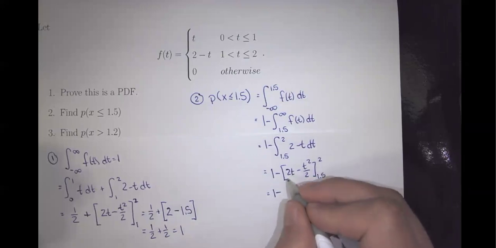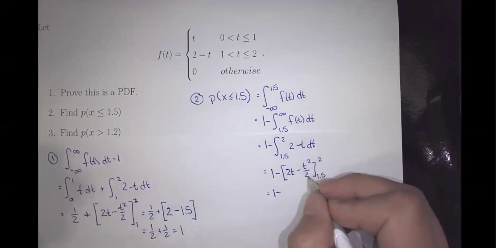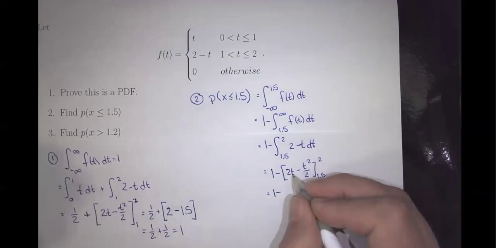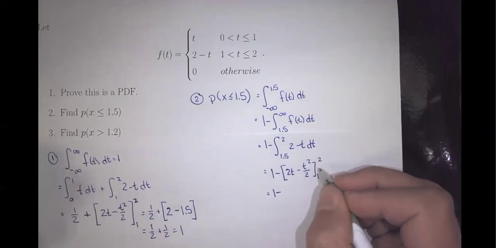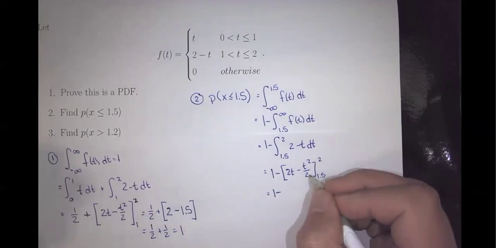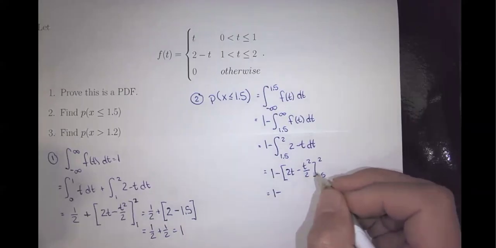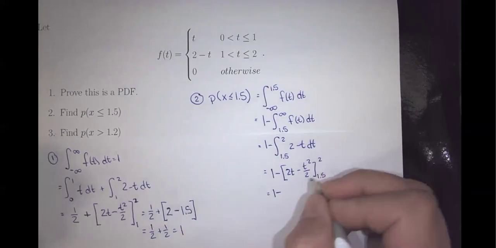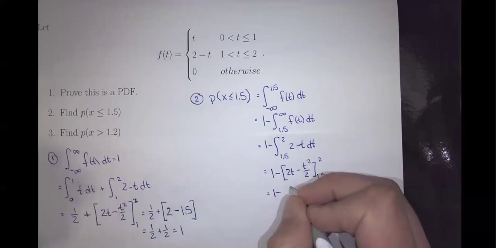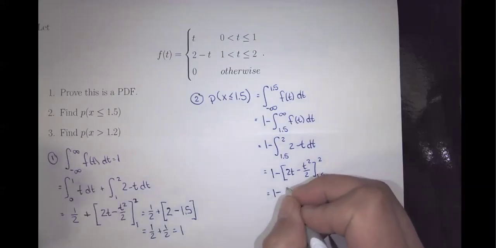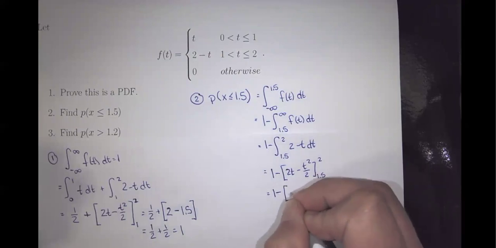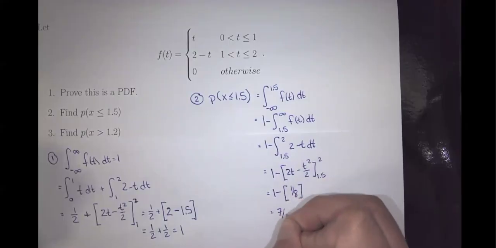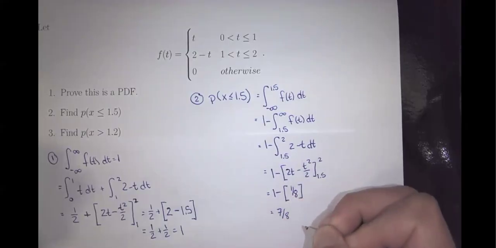We plug in 2, we've got 4 minus 2 is 2. And then we plug in 1.5, we've got 3 minus 9 over 8. So this ends up being 1/8, which gives us 7/8.